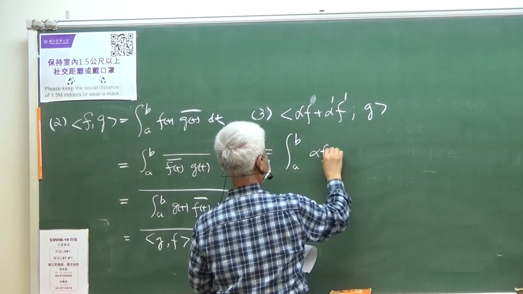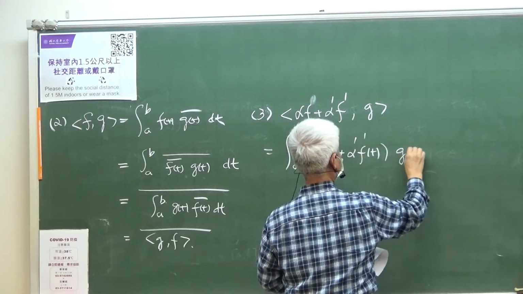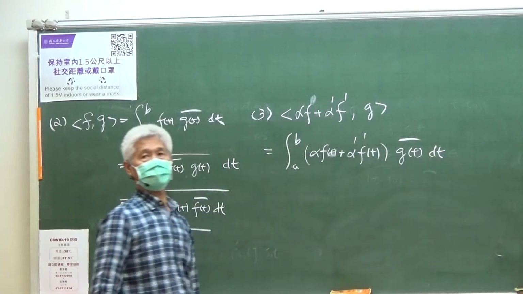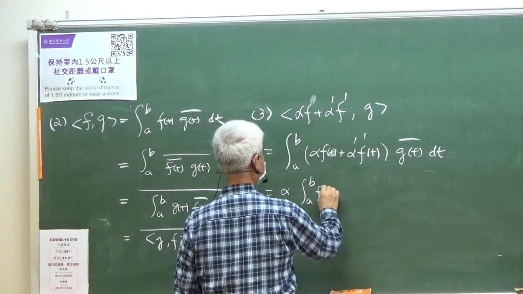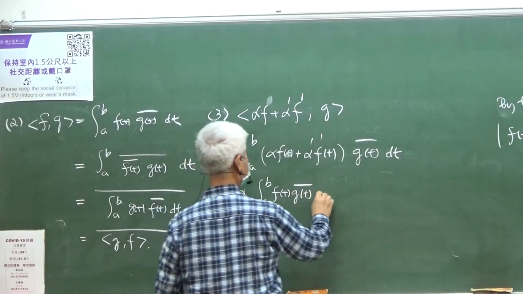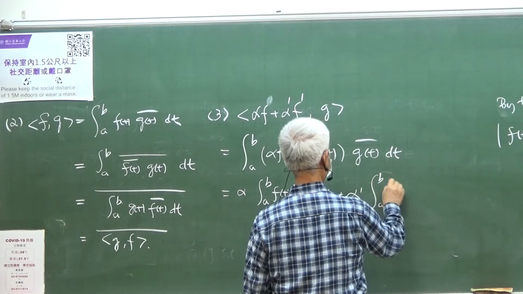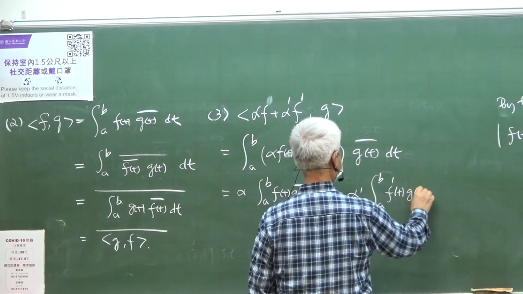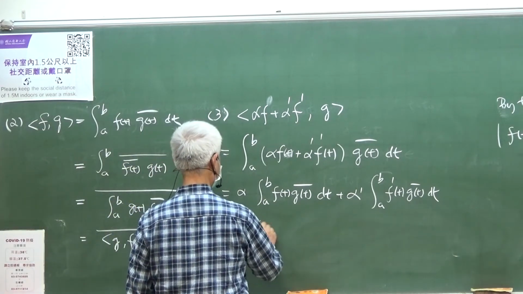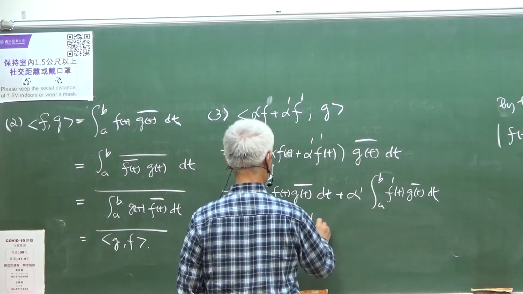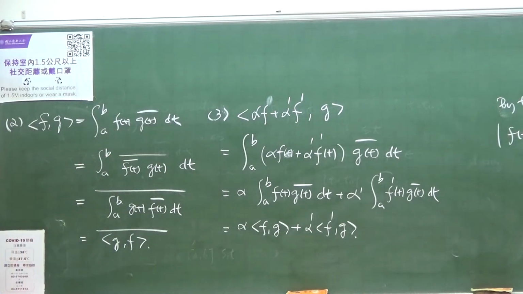Now by linearity of the integral, the integral has linearity, and so this is alpha times the first integral plus alpha prime times the second. So now we have the linearity for the first argument.